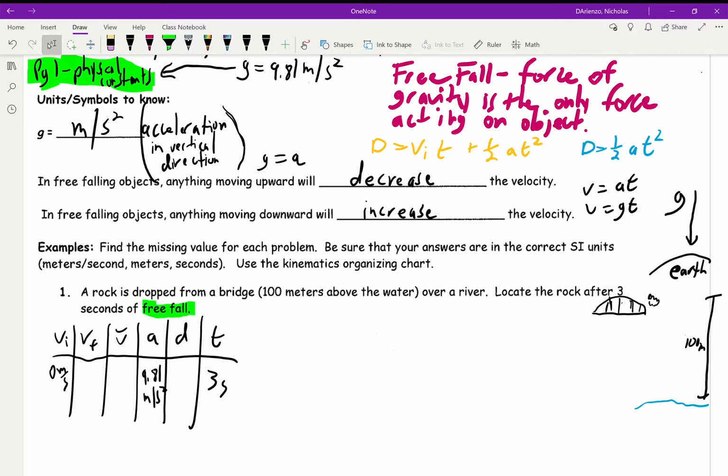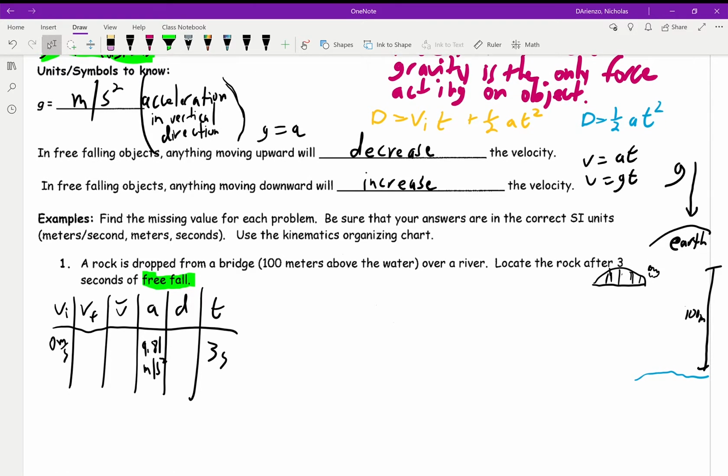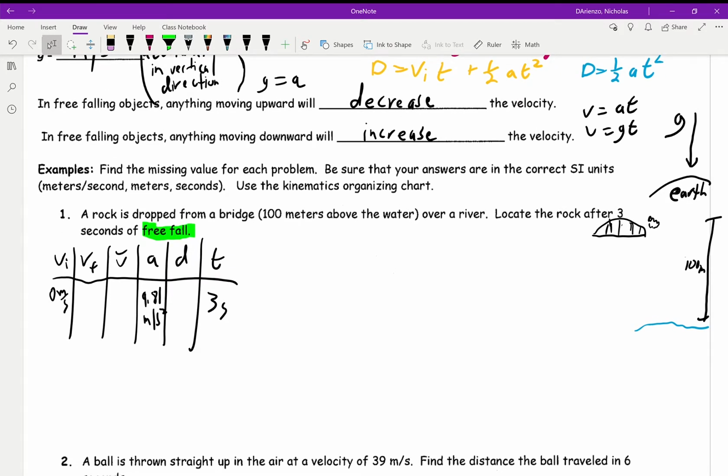So let's see what we can do here. Using our blue equation here, d equals 1/2 at squared, we could use either or. I guess we'll start with the original so you can kind of see what this does. We'll start with our distance equation, including our initial velocity, plus 1/2 at squared. If we plug in here, initial velocity is 0 meters per second.